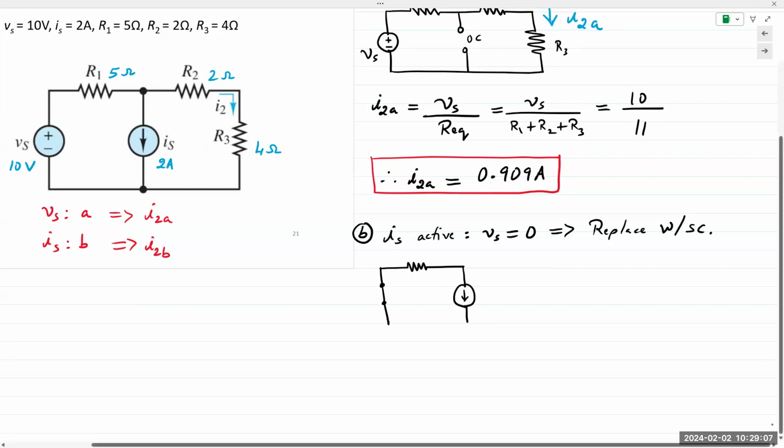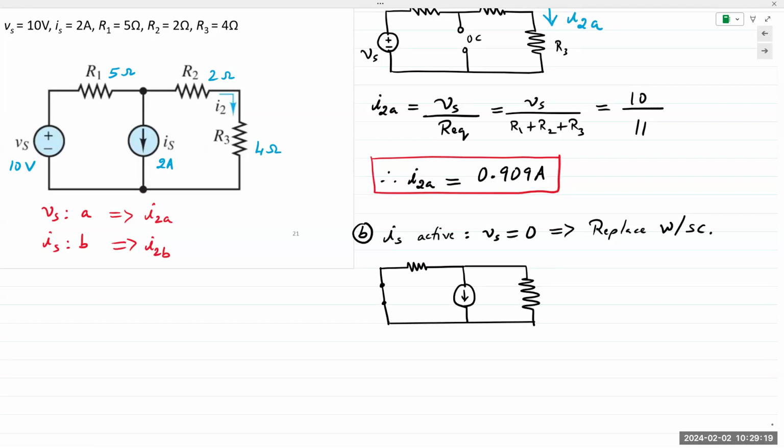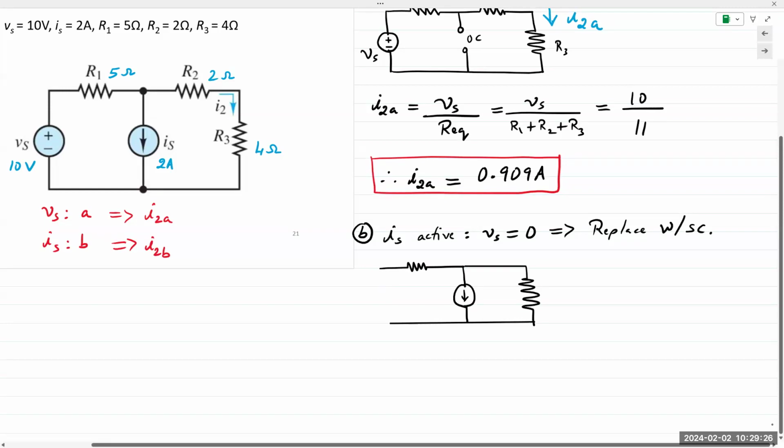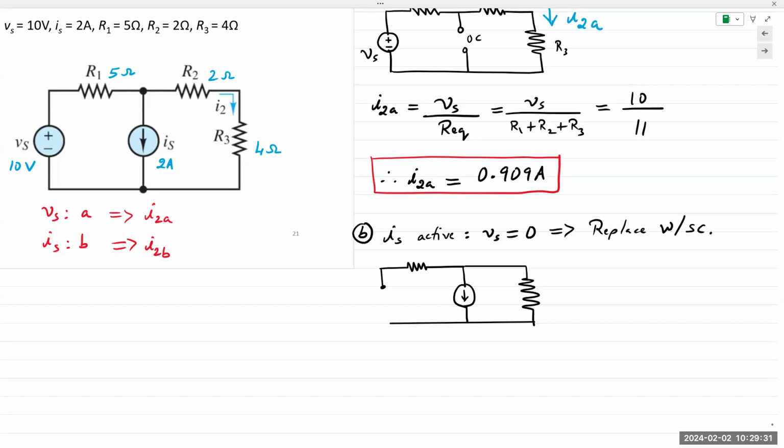Actually, let me go ahead and combine R2 and R3 together. I will call this R4.